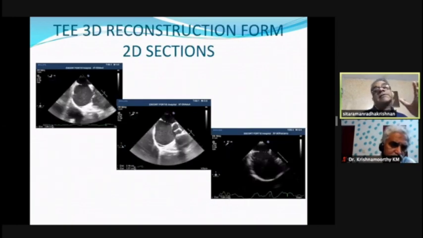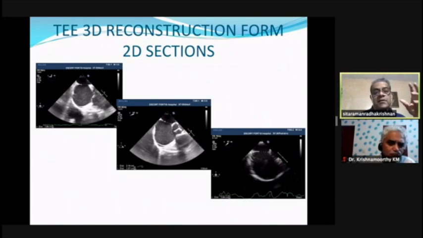By all these series of images, we can have a mental reconstruction of how an atrial septal defect is going to look in 3D images, because not all of us will have a 3D TEE probe, but actually it is not necessary.